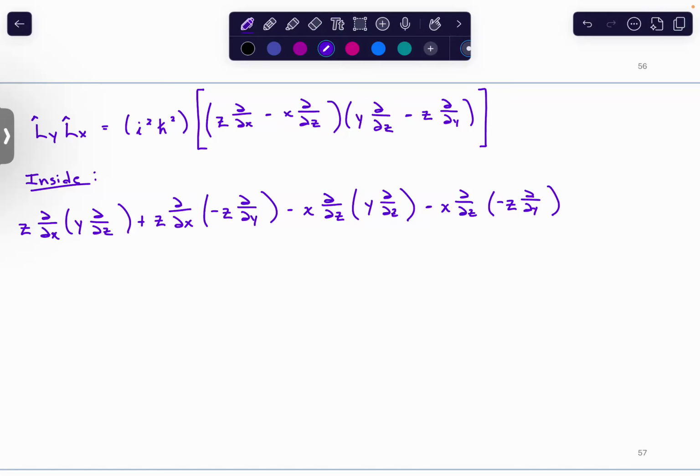Okay, so let's look at this first one here. Okay, so now again we're using our chain rule. So we're going to have z dy/dx, and then the derivative of g with respect to z.